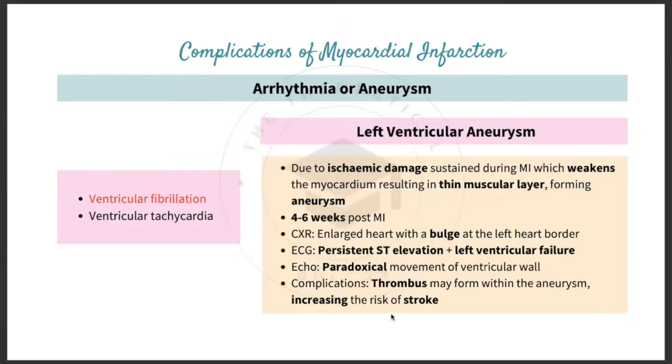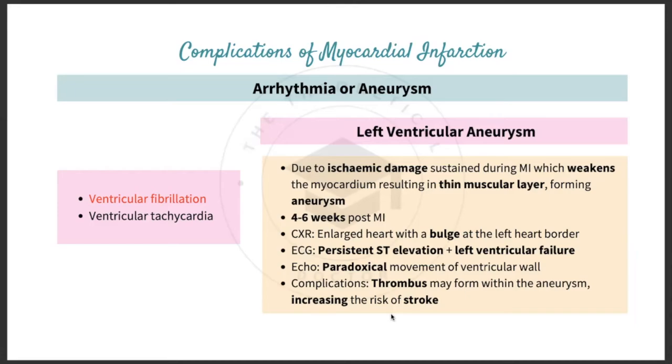For arrhythmia or aneurysm, as I mentioned earlier, for arrhythmia, the patient could present with ventricular tachycardia or even ventricular fibrillation. Ventricular fibrillation is very dangerous because the cause of death following a myocardial infarction is due to ventricular fibrillation. For left ventricular aneurysm, as I mentioned before, the ischemic damage weakens the heart muscle, the myocardium, resulting in a thin muscular layer finally forming an aneurysm.